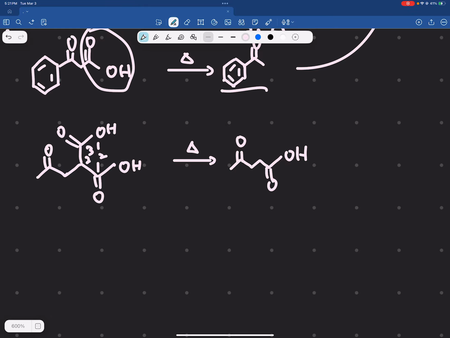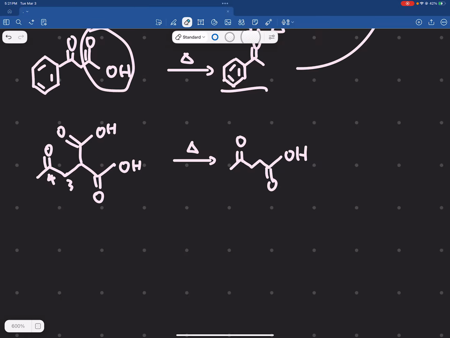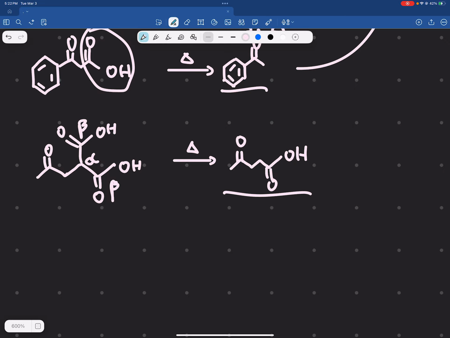However, if we look at the carboxyl group at the end there, we can see it's 1, 2, 3, 4. So we want to get rid of either of these, and this would not be a good target for decarboxylation. Instead of 1, 2, 3, you can also look at alpha beta carbons. So we want to decarboxylate the beta carbons there. So this is going to be our end product.